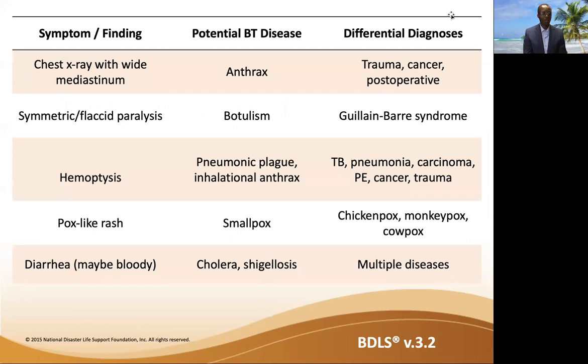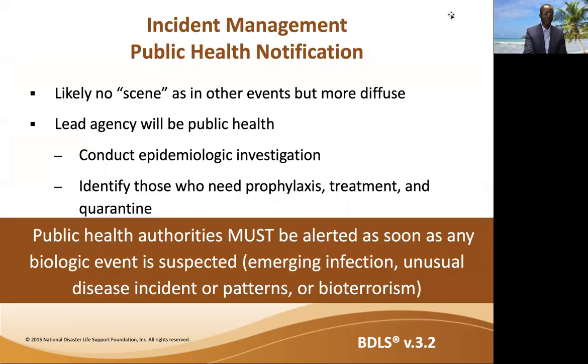To add a layer of complexity, let me show you how tricky this process can be. Many natural diseases can present very similarly to bioterror agents. This table shows just a handful of such instances. As soon as suspicion of potential bioterrorism arises, the proper public health authorities must be notified immediately.